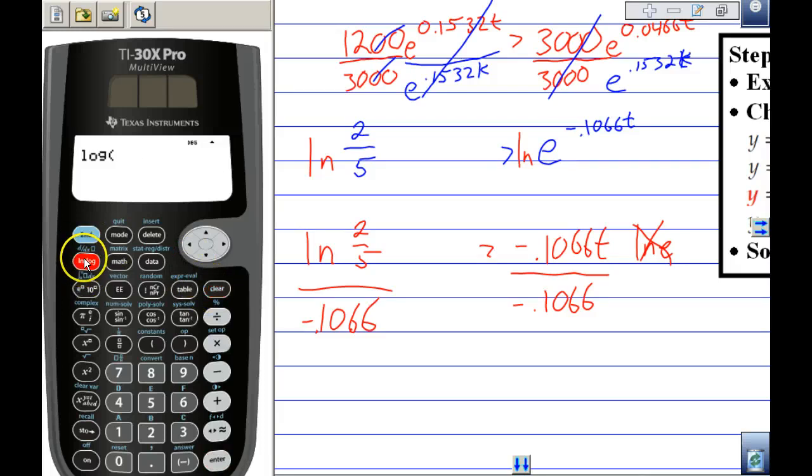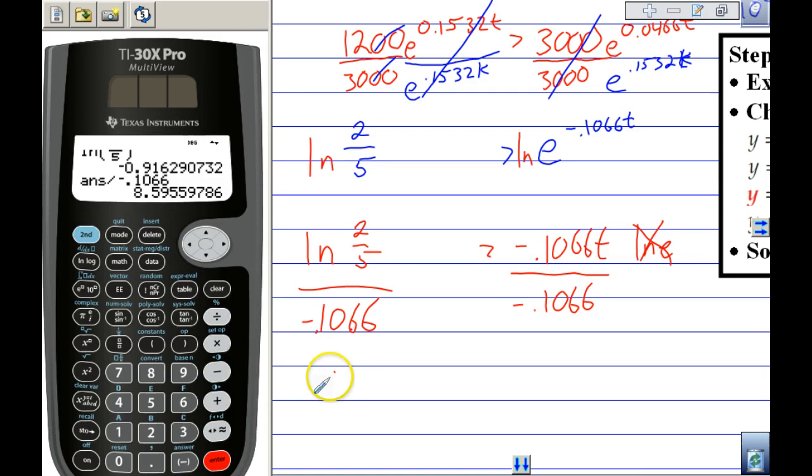Natural log of 2/5 divided by negative 0.1066, and we got about 8.596, we'll call it.